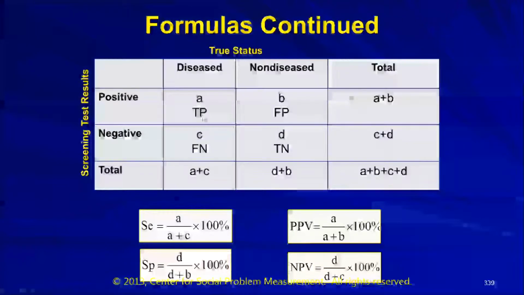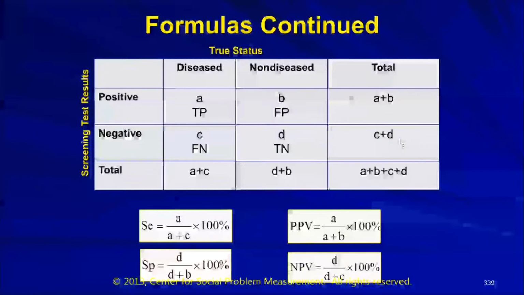In positive predictive value we were interested in true positives. So you have D divided by D plus C. That's the row work.